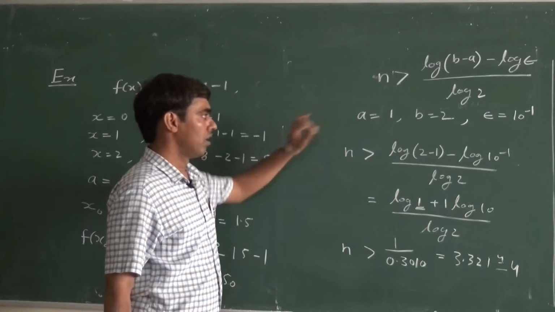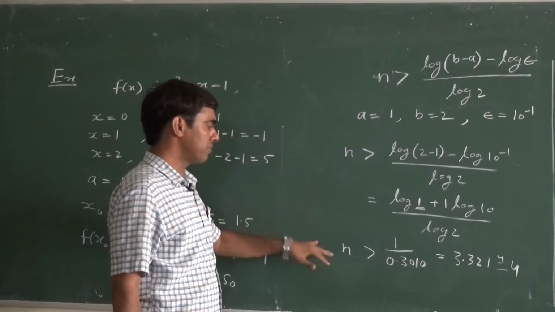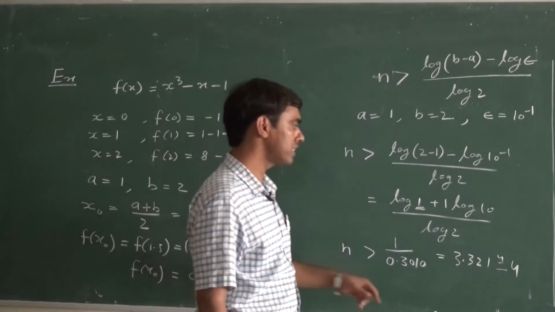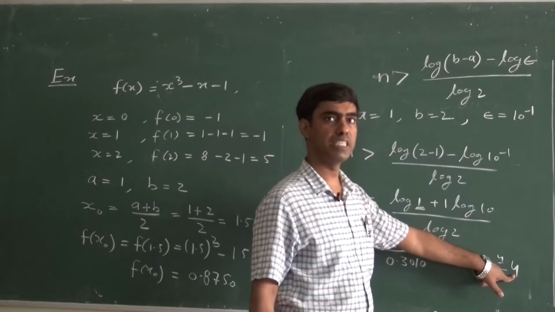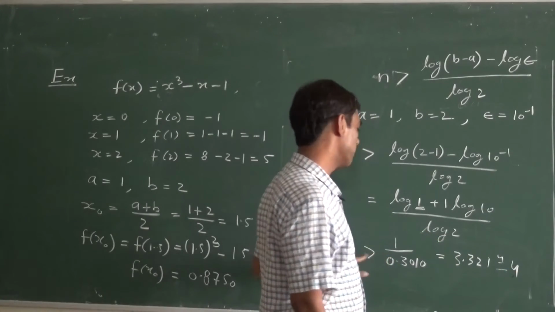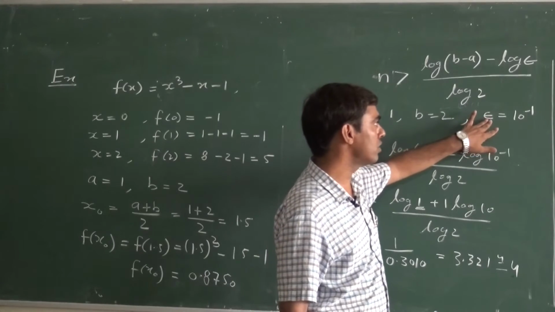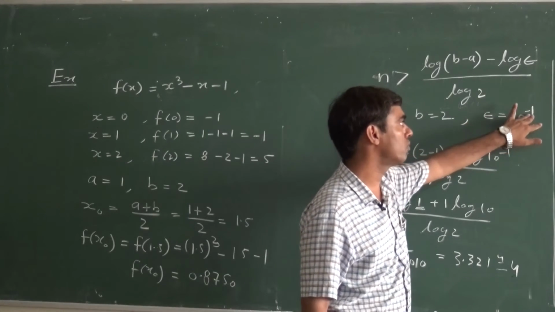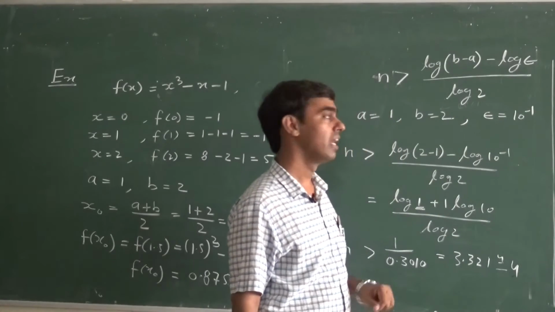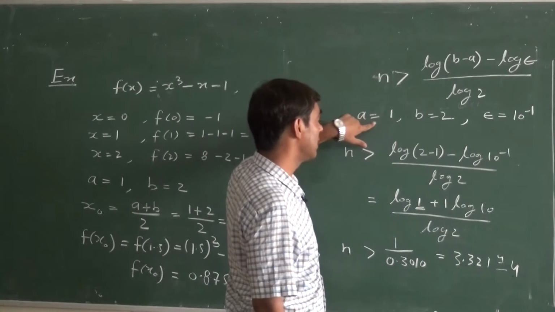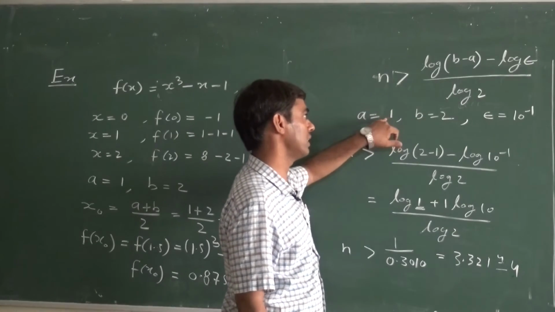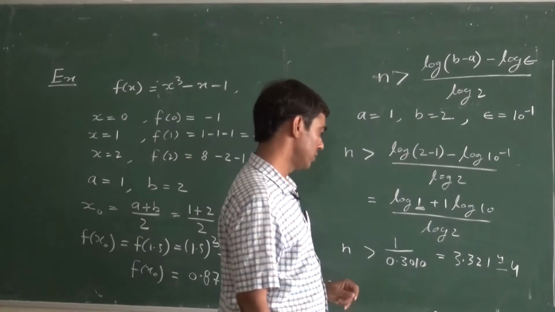So what is the meaning of this result? N must be greater than 4, meaning the number of iterations must be greater than 4 if we try to find the root correct up to 1 decimal place, starting from the two initial values a equal to 1 and b equal to 2.